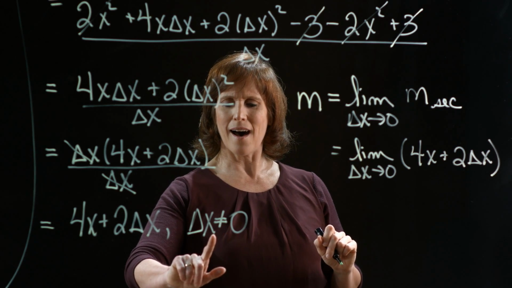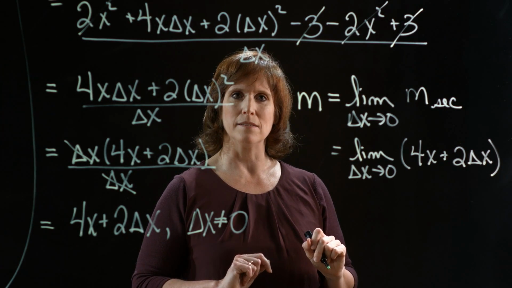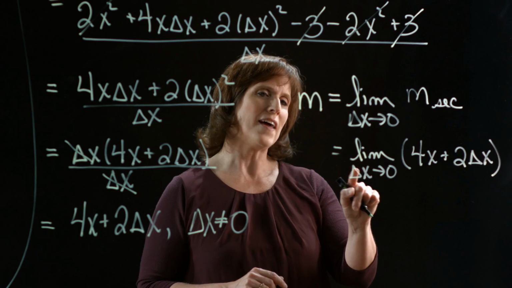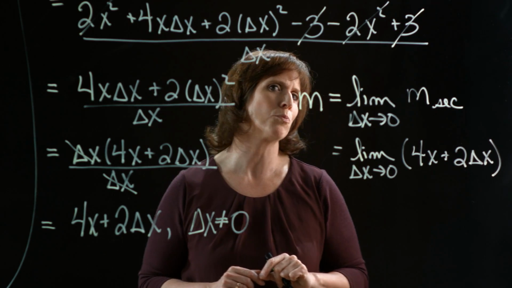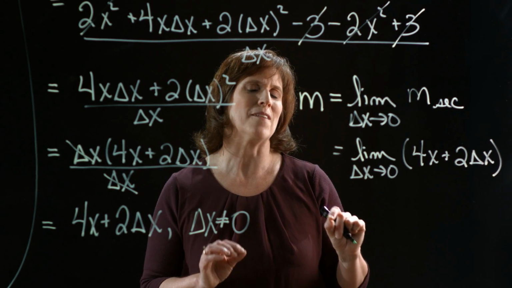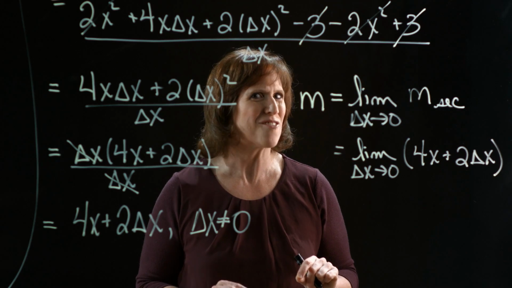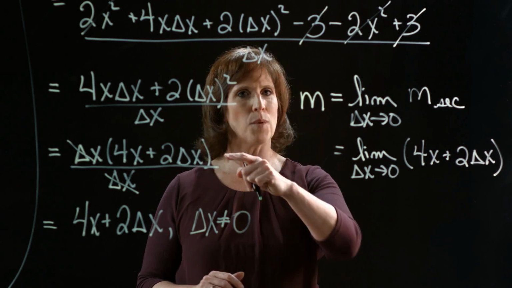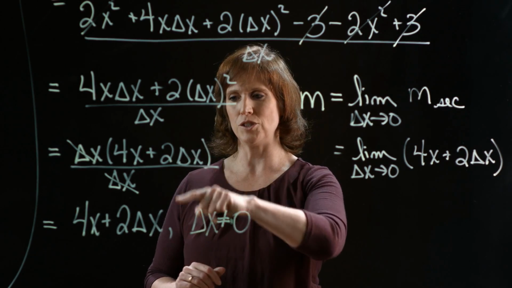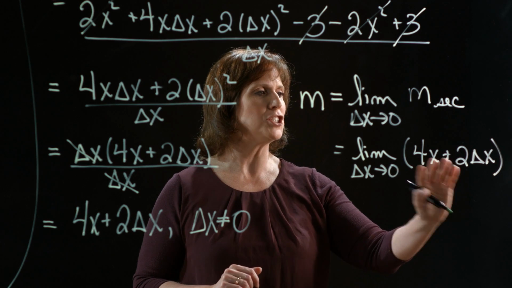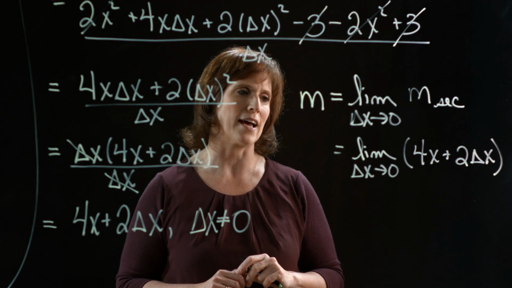Now notice I didn't worry about the delta x not being allowed to equal 0. And that's because I'm taking the limit as delta x approaches 0. Delta x is going to get very, very close to 0, but it's never actually going to equal 0. So I don't have that problem where these two expressions are different. So I can just use the 4x plus 2 delta x version.